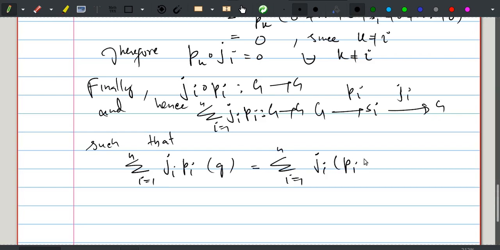Now each element of G can be uniquely expressed as an element of S1 plus and so on. We have assumed that third is true and we are proving fourth. So if third is true, then G is uniquely expressed as a sum of elements of Si's.